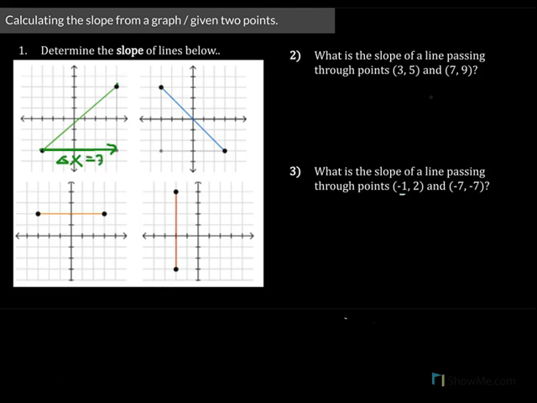And then I go 6 steps up, and that's my change in y, and that's equal to 6. And my slope is change in y over change in x, and that is equal to 6 over 7.